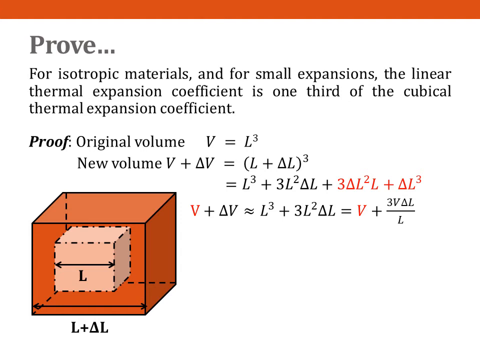On multiplication, in the numerator we have L cube, which is V. Therefore, V plus delta V now becomes V plus 3V delta L by L. And V, which is there on the right hand side as well as on the left hand side, get cancelled out. Therefore, on cross multiplication of the left out terms, we have delta V by V to be equal to 3 delta L by L. As we all know, delta V by V is nothing but gamma and delta L by L is alpha.